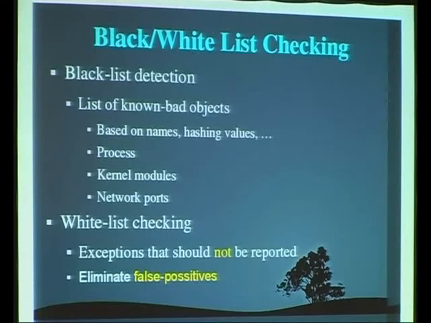So when you see the list of kernel modules and you see one that is well-known from malware, you can tell that your system is infected, right? So basically, in the blacklist detection method, we list the known bad objects, and if you see something in the blacklist, you can report it as malware.